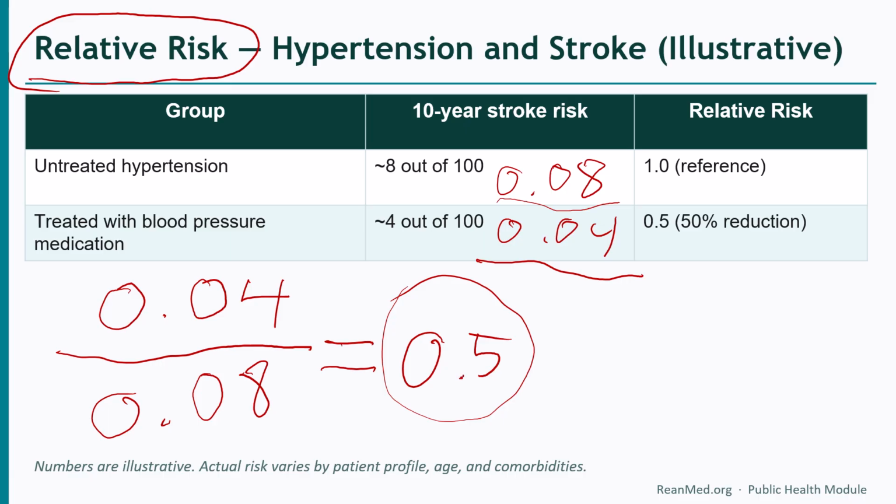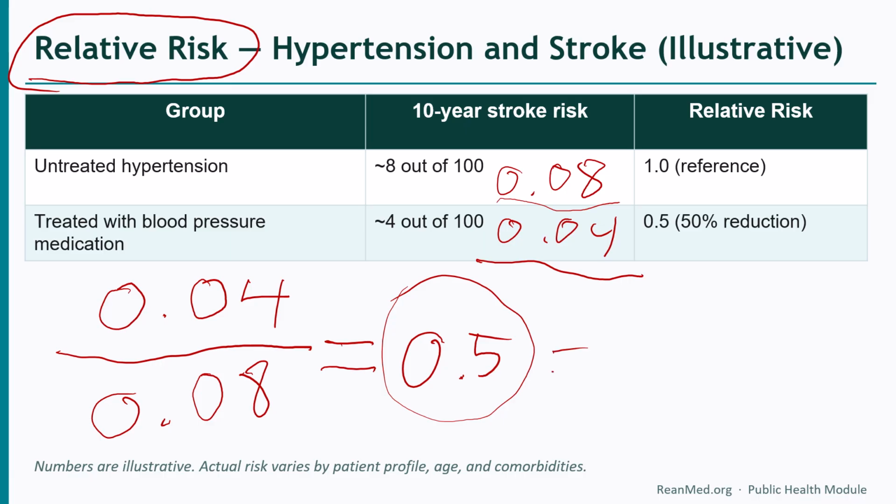If this relative risk is less than 1, then it shows that the treatment is working. It is making your risk smaller. If the relative risk was more than 1, then it means the treatment is not working, that your risk is even higher. It would show that it's actually hurting you.